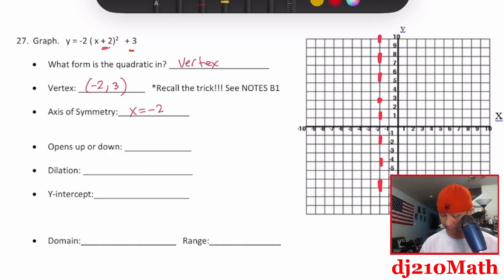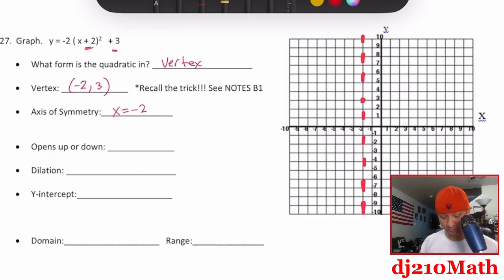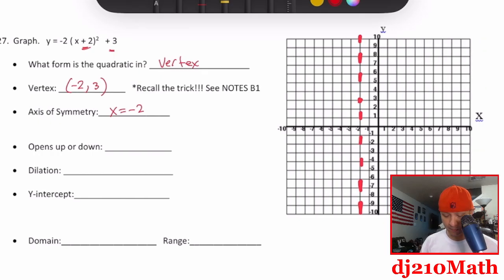So there's my axis of symmetry. The points will reflect left and right of this line. All right, does it open up or does it open down? Well, I know that it opens down because the a value is negative. So it opens down.